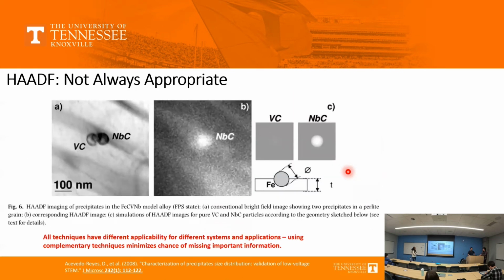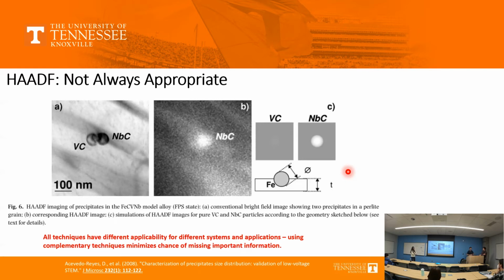I just want to illustrate this. I want to emphasize that the technique you select is highly dependent on, first of all, the features you're looking for, and second of all, the specific system you're working with. This paper was comparing various characterization techniques, including some transmission techniques in SEM.